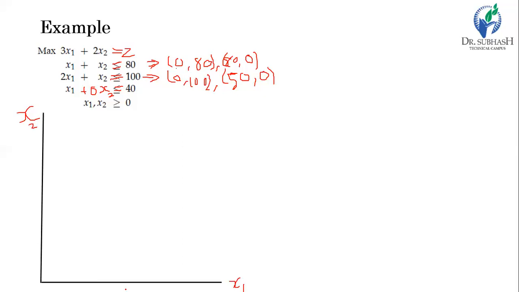Just draw a line here. For the sake of simplicity, I will divide this into 2 parts only. This is 40, and consider it multiplied by 10. So this is 4, this is 6, and this is 8 here, and the unit is multiplied by 10 times.